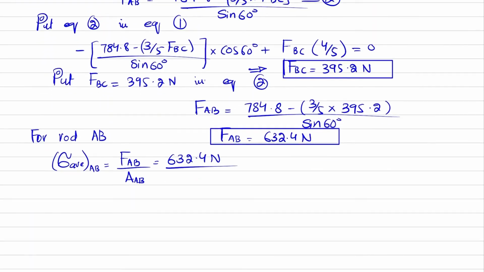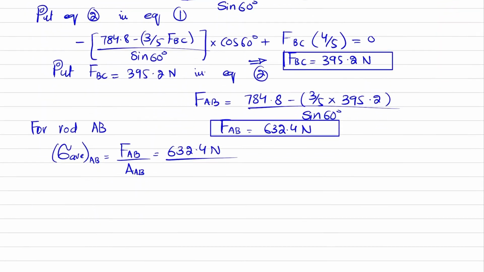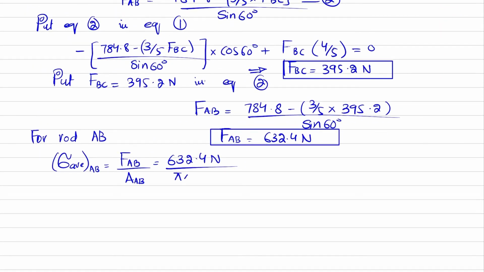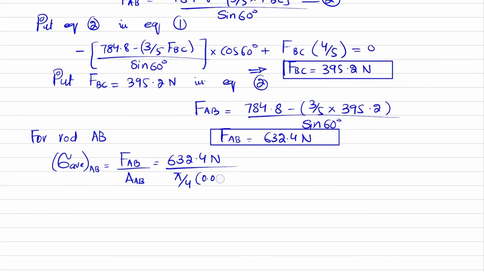So pi by 4 d square. Diameter is 0.01, not 001, 0.01 square. So when you solve this, you will get the average normal stress in rod AB comes out to be 8.05 megapascal.